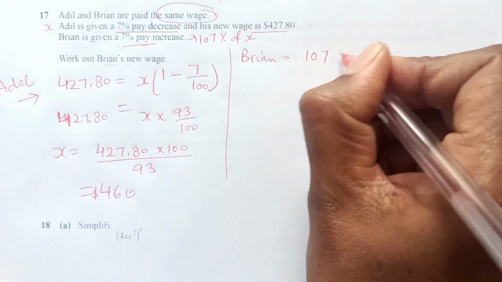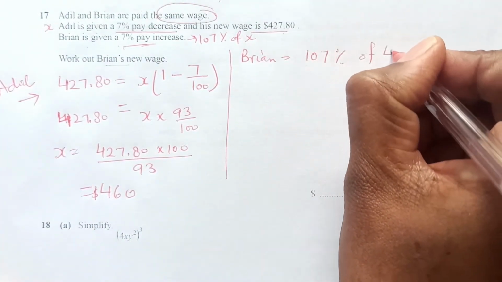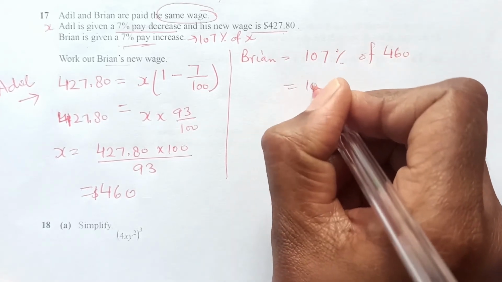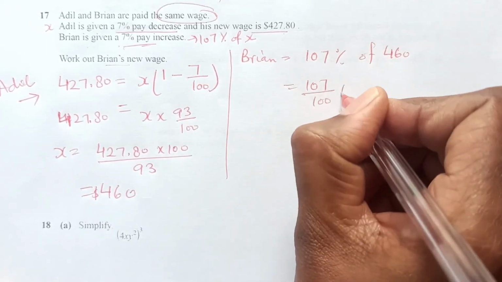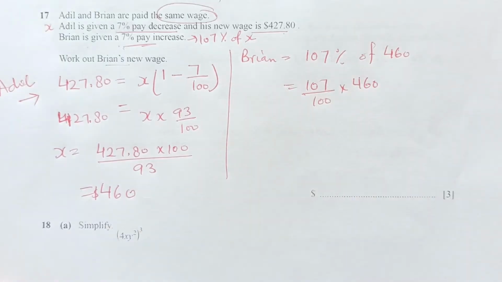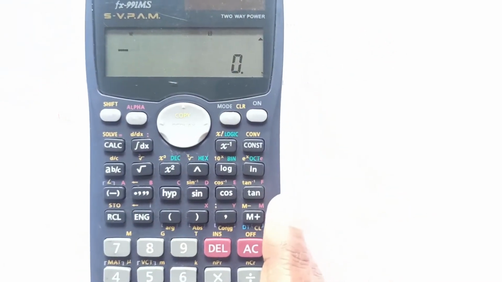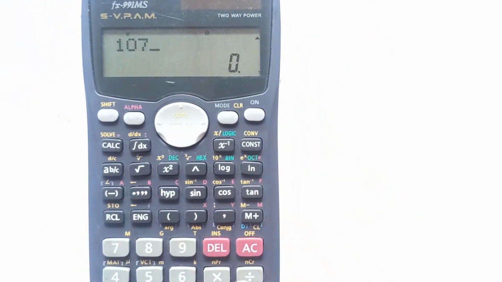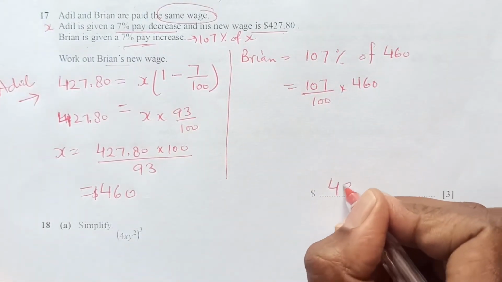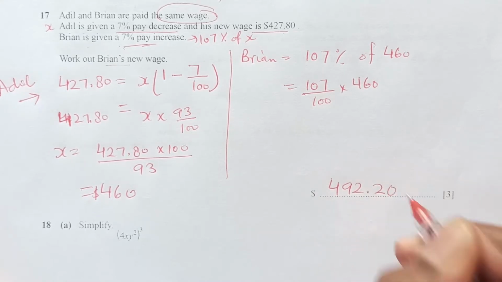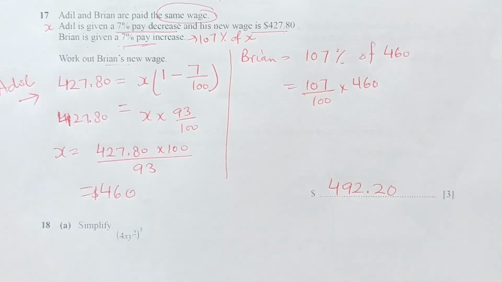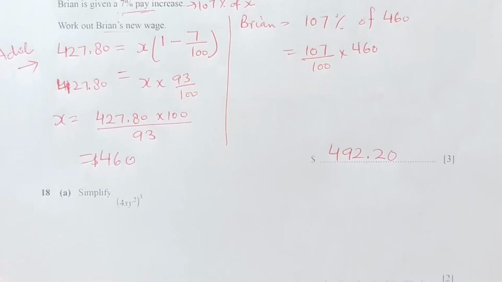So that means 107% of 460, which is 107 over 100 times 460, right? So let's see, 107 times 460 divided by 100. So this is 492.20, right? So that is the 17th question.